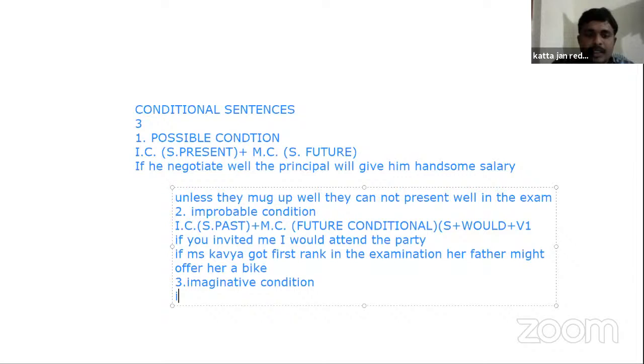So in this, in the if clause, past perfect is used, as in the main clause, future perfect conditional. Future perfect conditional.